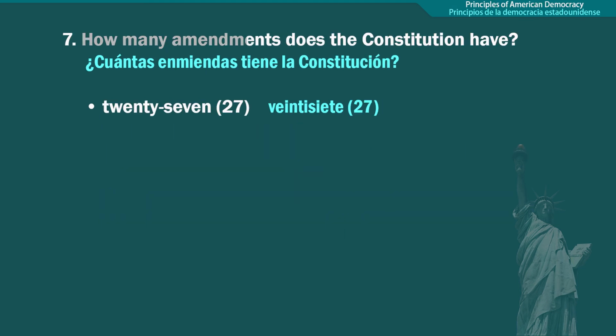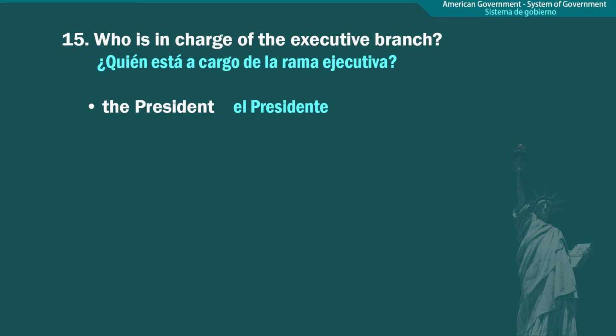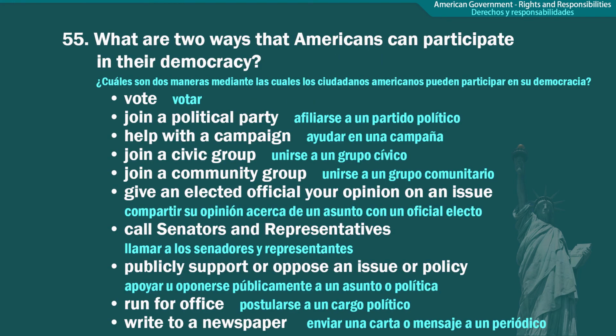How many amendments does the Constitution have? 27. Who is in charge of the executive branch? The President. What are two ways that Americans can participate in their democracy? Vote.